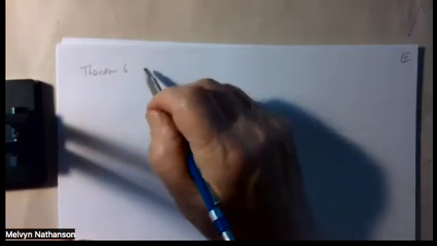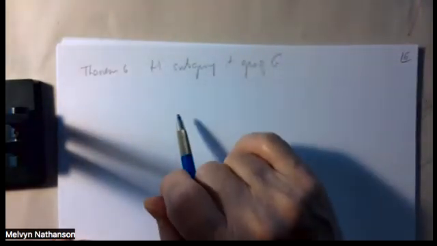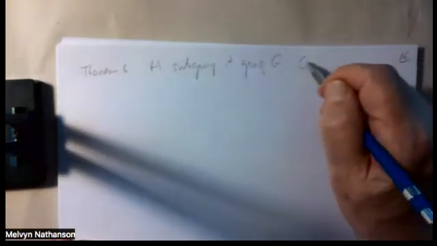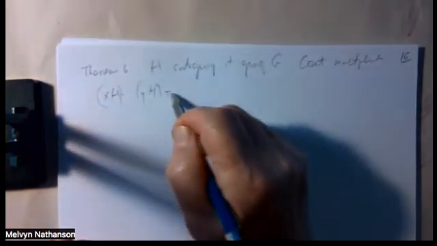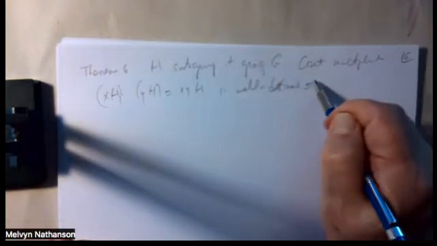Theorem 6 says H is a subgroup of the group G. Coset multiplication, that is, if we want to define the product of xH and yH as xy times H, this is well defined if and only if H is a normal subgroup.